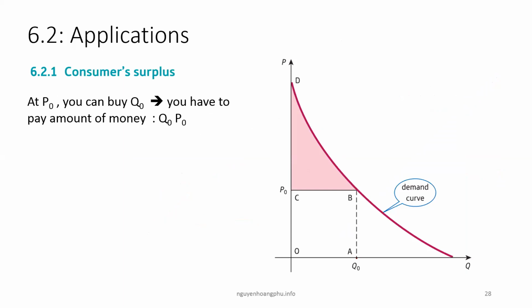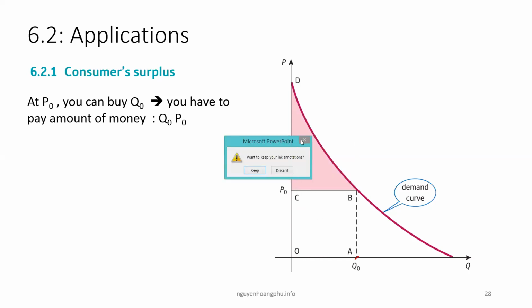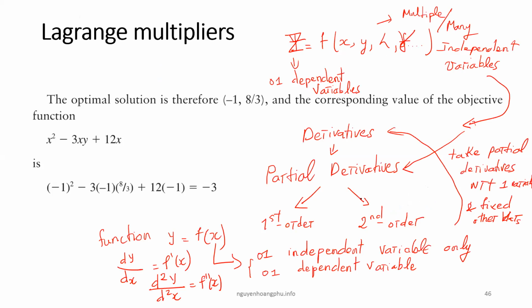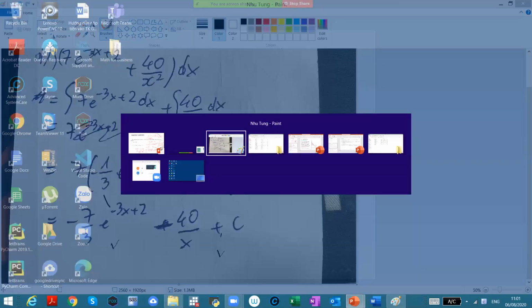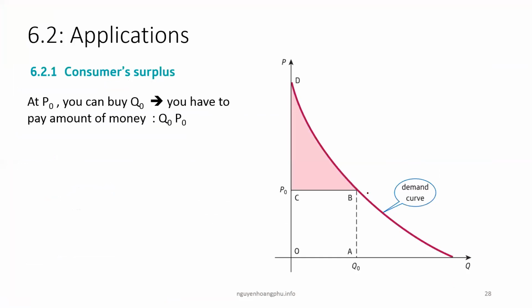So if you consume at Q0, if you consume at Q0 here, for the price P0.